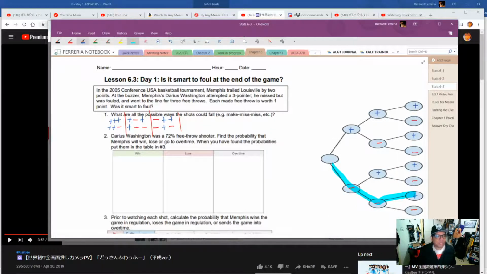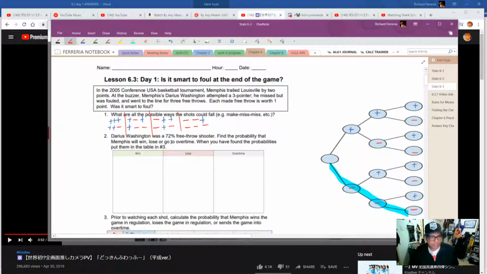Two more options: in this first option, he misses the first free throw, he misses the second free throw, but he makes the very last free throw. And in this very last option, he misses all 3 free throws.